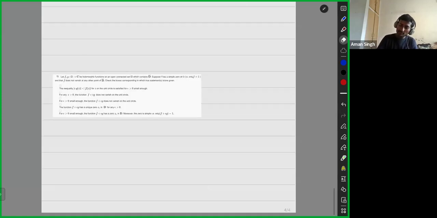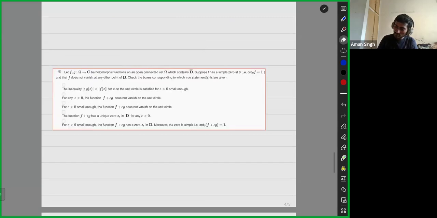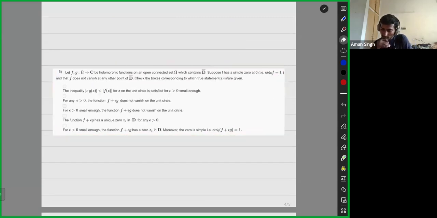And the second question is about simple zeros and Rouche's theorem, where they're saying that if you perturb a given function a little bit, the number of zeros counted with multiplicity does not change inside a circle or inside a closed path.